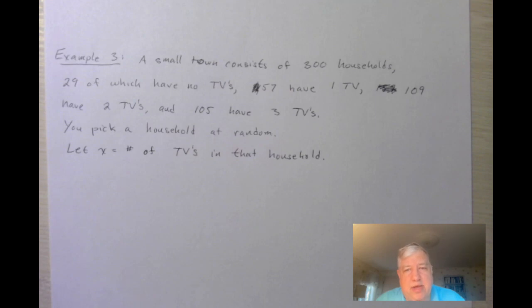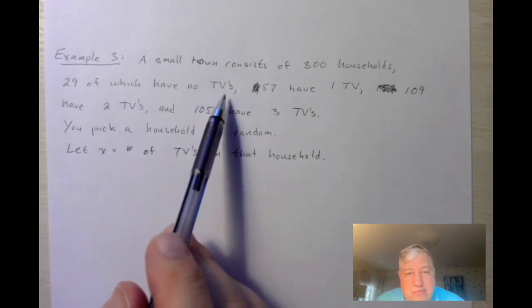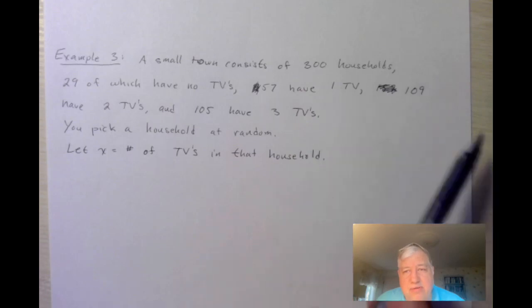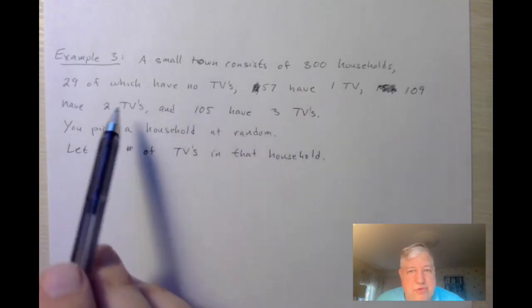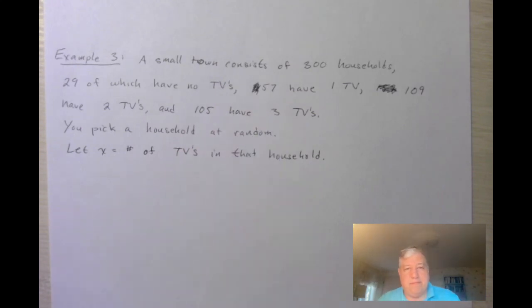We're going to pretend that each household has at most 3 TVs. So we say that 29 have no TVs, 57 have 1, 109 have 2, and 105 have 3. We pick a household at random, and we let X be the number of TVs in that household.